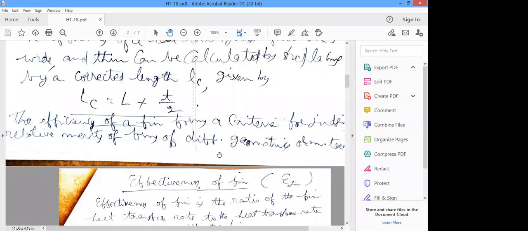It applies to different materials also, whether the pin is made of copper, silver, or aluminum. So to compare or judge the relative merits of different geometries and materials of the pins, you have to calculate the efficiency of the pin. So that's about efficiency.